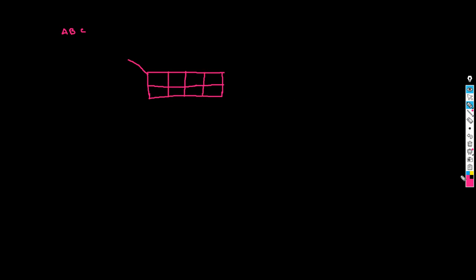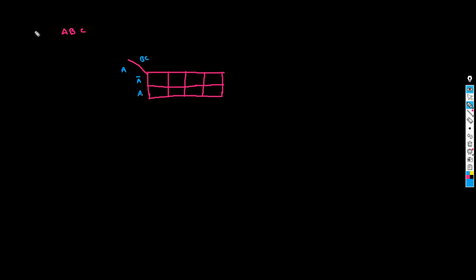How do we mark it? Say you take this as A and this is BC, so it is going to be A bar and then A. Now what about here? B bar C bar.